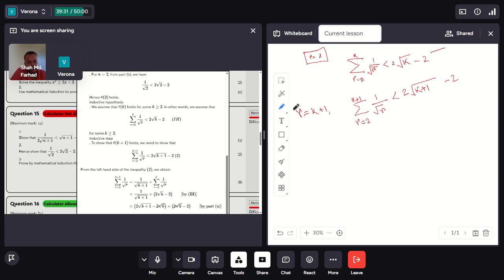Okay, so basically for r equals to k plus 1 we are getting this.